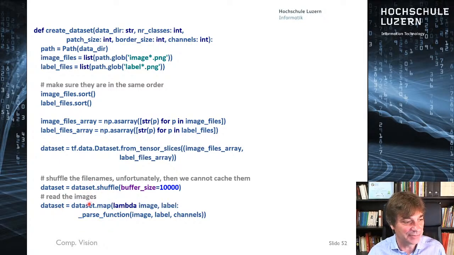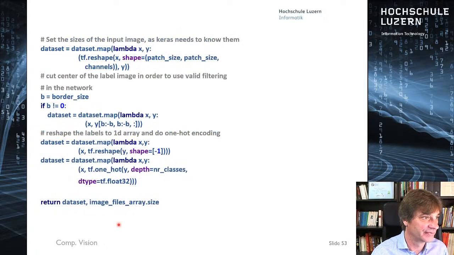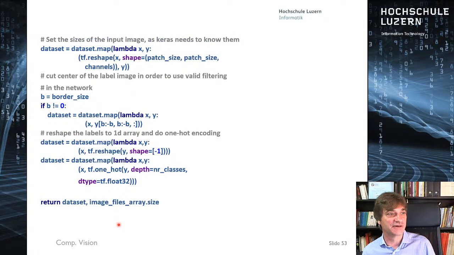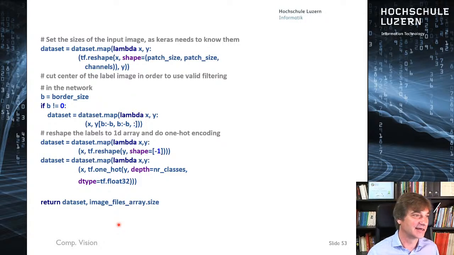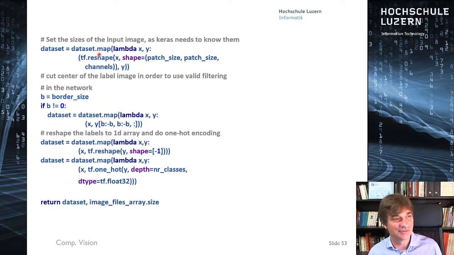and then I map my dataset to a new dataset by a function that will actually parse the images. We will see the parse function in a moment. Then we use a second manipulation step on the data set, which puts the images in the same size. As Keras needs to know the size of the images, it's good that your resulting tensor knows its shape.